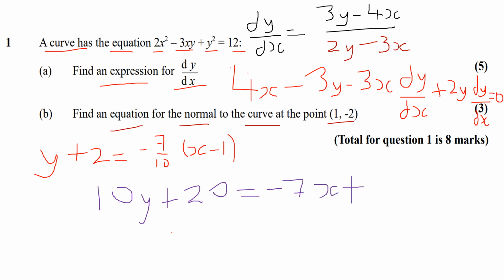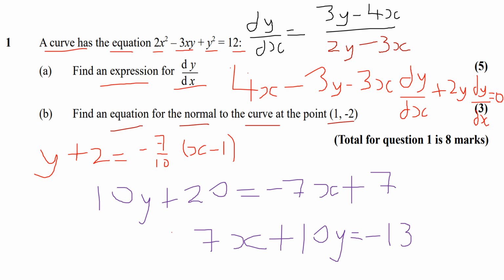I'm going to add 7x to both sides, and obviously minus 20. I'm going to have 7x plus 10y is equal to minus 13. I'm leaving it in this form, but in the exam, guys, remember to follow your exam board, the way they want it as your answer.